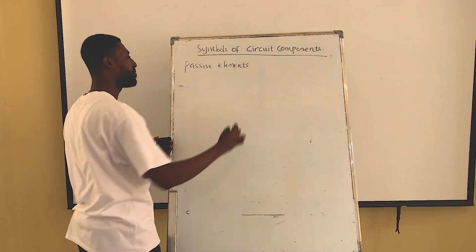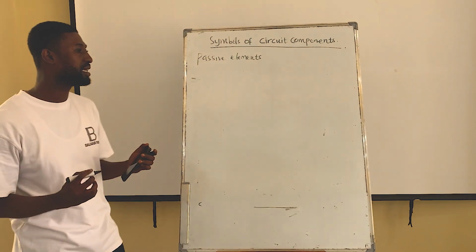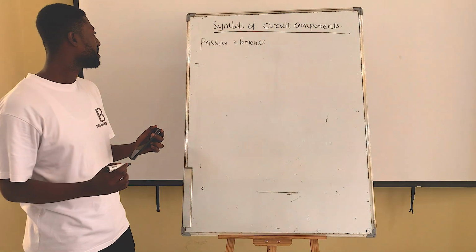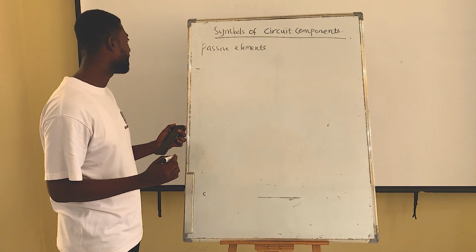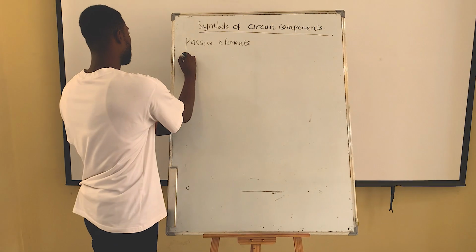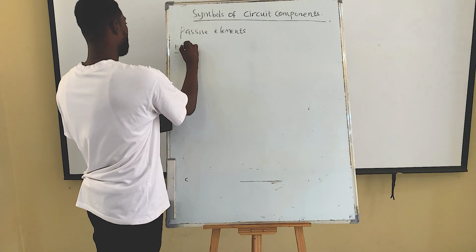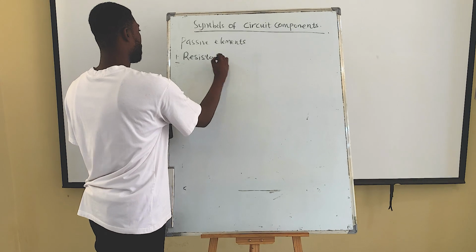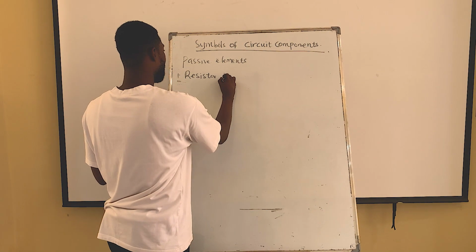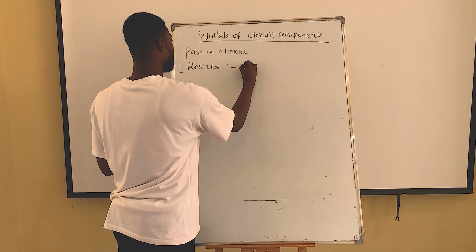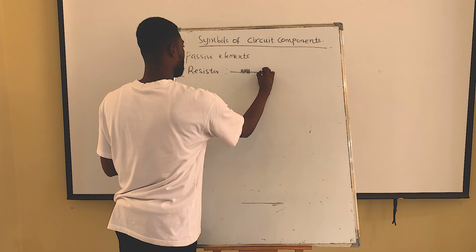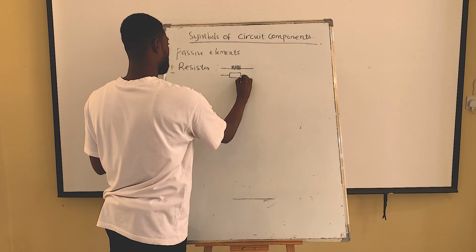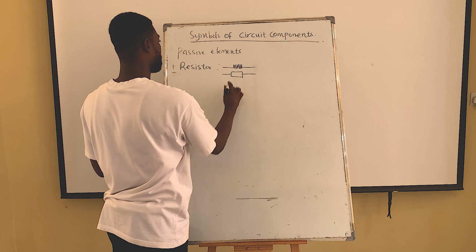Remember, we said the passive elements do not generate energy; they either absorb or dissipate the electrical power or energy which is generated. An example, the first one, is the resistor. This is the symbol of a resistor. In our circuit, we are going to represent a resistor as either this or this. Now, this is a fixed resistor.